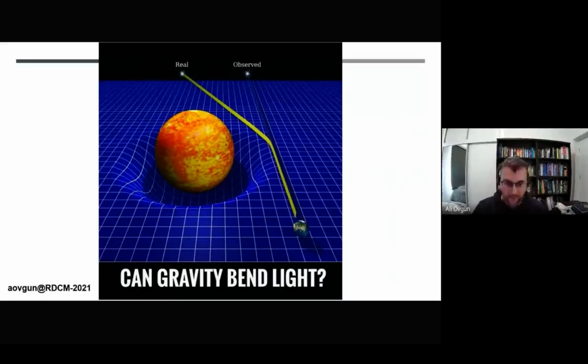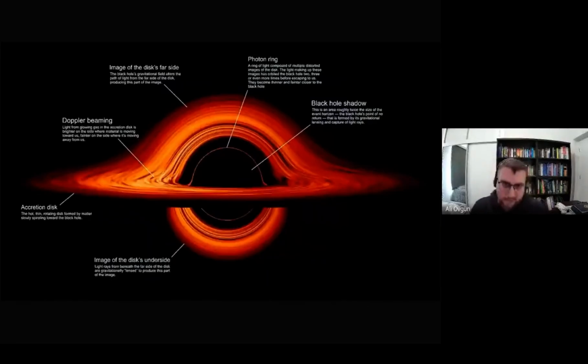Another important property of the black hole is that the light rays near the central black hole are expected to be affected by the luminous accretion disk or other dust that surrounds the black hole. This accretion disk is the hot, thin rotating disk formed by matter slowly spiraling toward the black hole.